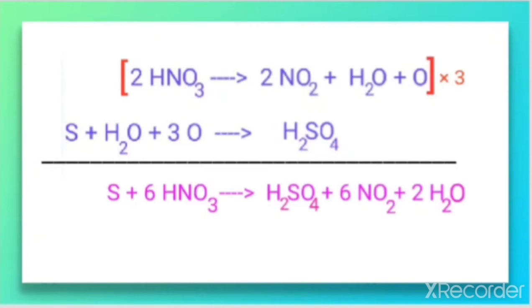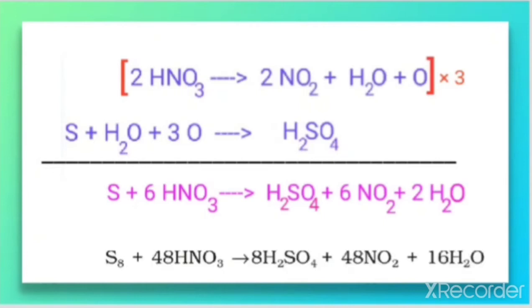But in the textbook, we have this equation. When you take out the textbook, you'll get this equation. So is our equation wrong? No, because this equation is for S8 and we have done it for only S. So take 8 here and multiply by 8 throughout.